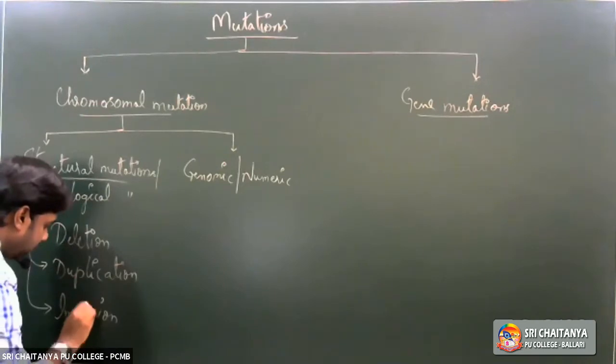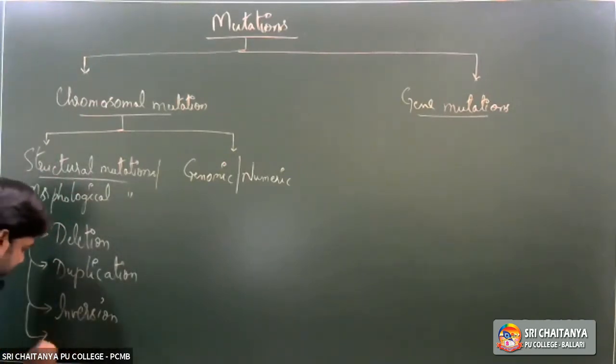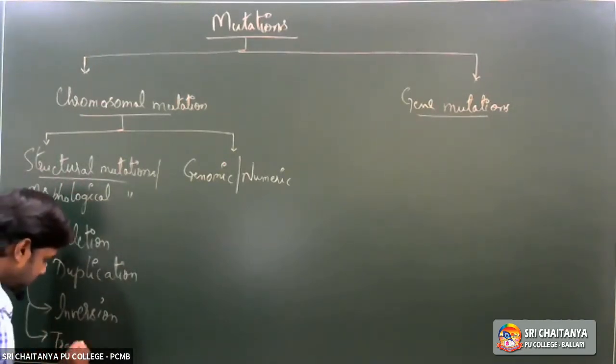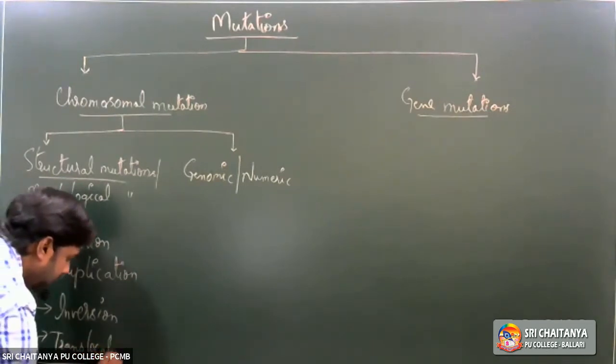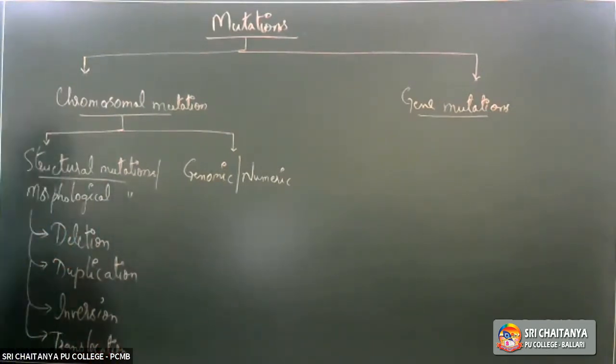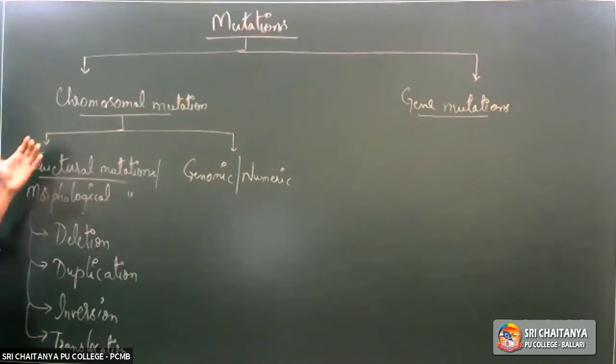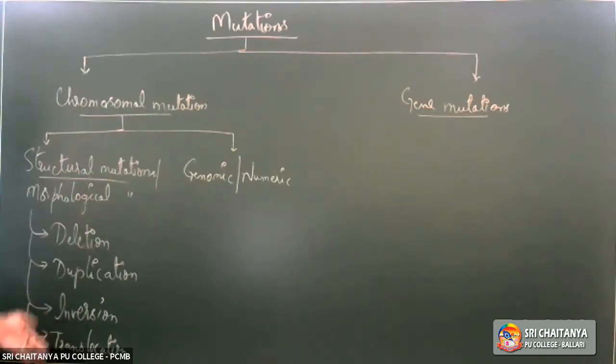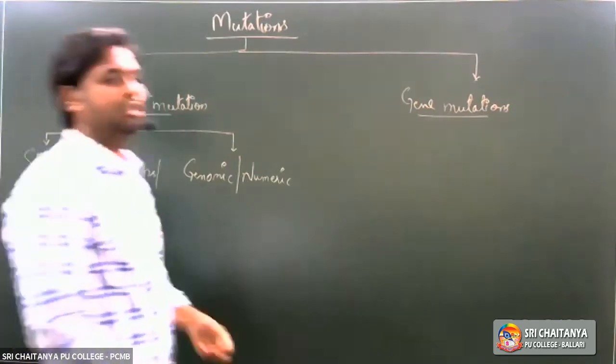And the fourth is translocation. So these are the four types of structural mutations which are actually seen. All these four together we put under structural mutations or morphological mutations.